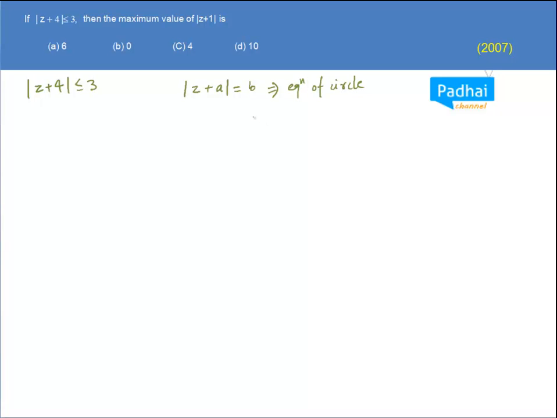This is the equation of a circle where the radius is b and the center is related to a. If something like |z - 1 - i| = 2 is written, it implies that the radius is 2 and the center is (1, -1), because the iota part has the coefficient minus 1 and the real part is 1.